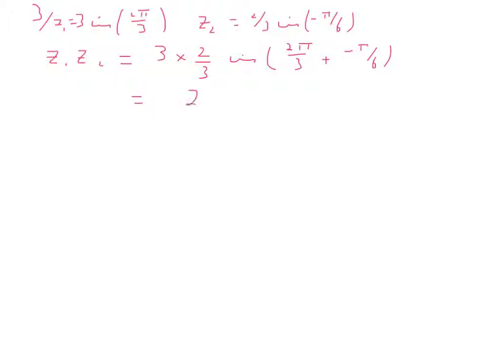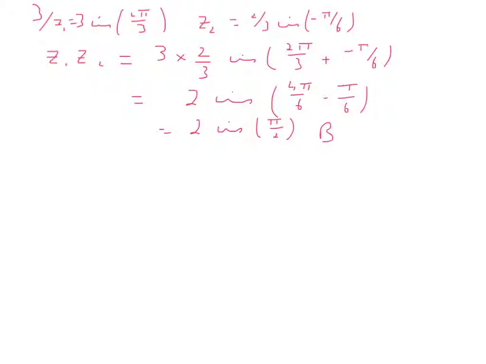So this cancels down to 2. Cis, so 2 pi on 3 is really what? 4 pi over 6. Take away pi over 6, which means we end up with 2 cis 3 pi over 6, which is pi over 2. So the correct option there is B.